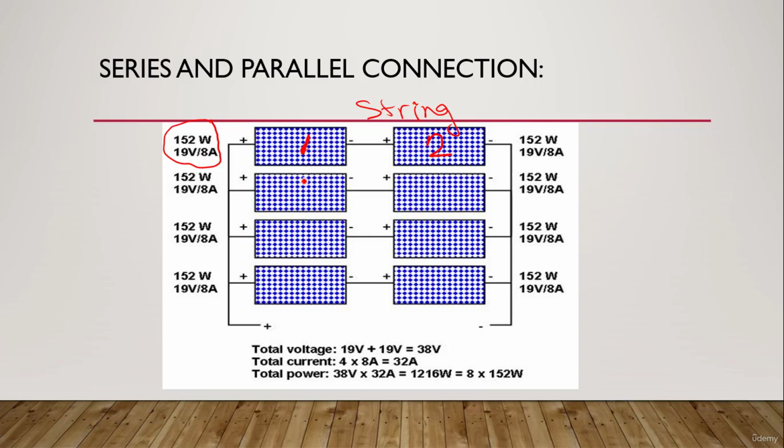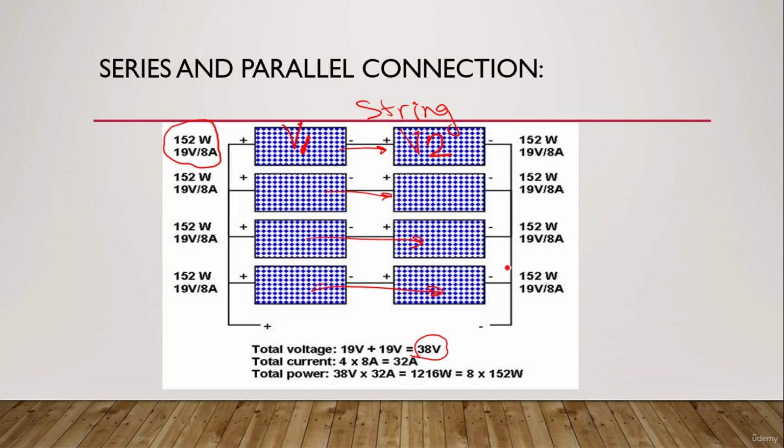So the voltage across the entire system is going to be the voltage over 1 plus the voltage over 2, according to KVL or Kirchhoff voltage law. So 19 plus 19 is going to be 38 volt. The current here is going to be 8 ampere and 8 ampere and 8 ampere and 8 ampere.